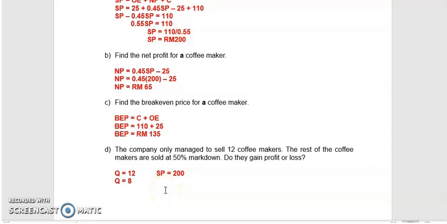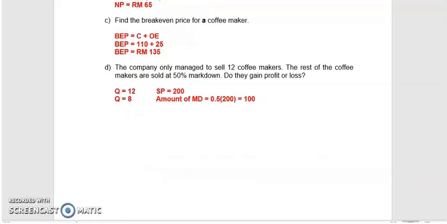Okay, now selling price is 50% markdown. So how do you calculate markdown? The amount of markdown, 50%. So markdown must be from the original selling price. So 0.5 multiplied by 200. Half of 200 is 100 ringgit. So the new selling price here will be the original selling price 200 minus the amount of markdown 100.